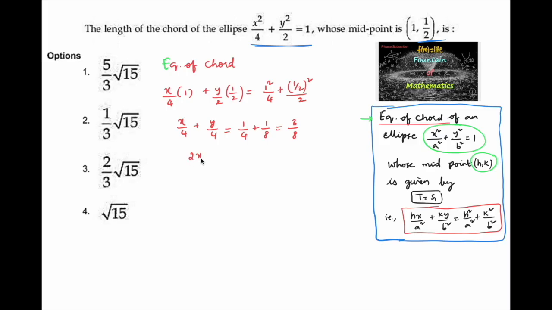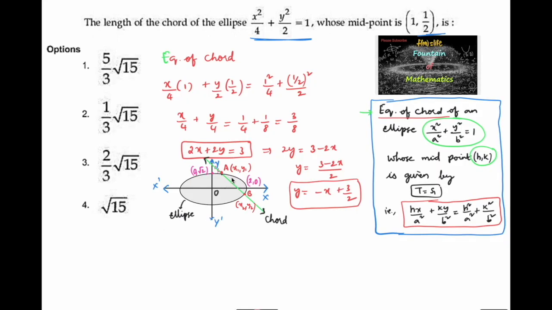So here we can write 2x plus 2y is equal to 3, or y is equal to 3 minus 2x upon 2, or y is equal to minus x plus 3 by 2.